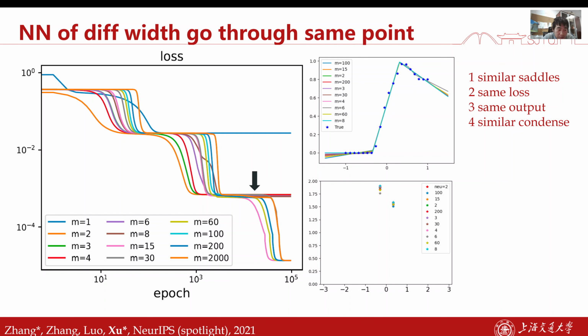We consider this small interval, and then we count how many training epochs fall within this loss interval.